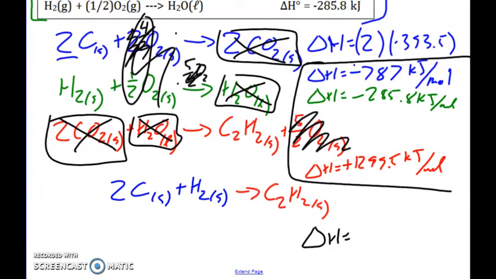We have 1299.5. We're going to subtract 285.8, and then we're going to subtract 787. So therefore our delta H is 226.7 kilojoules per mole.